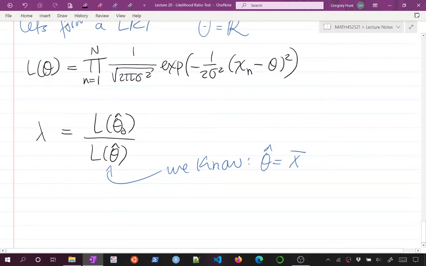My claim, and this is a bit hand-wavy, but not too much, is that this basically looks like a quadratic.